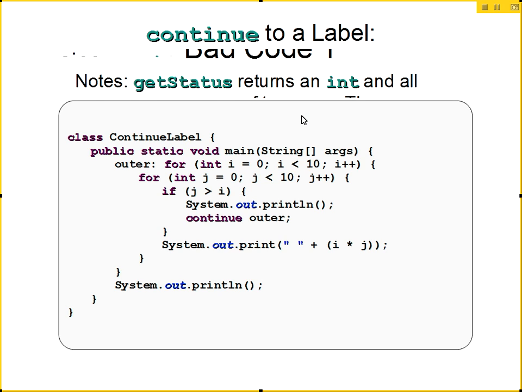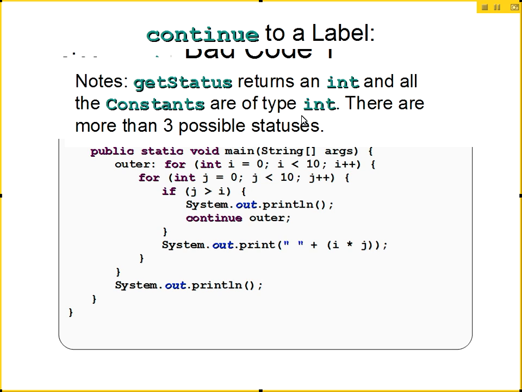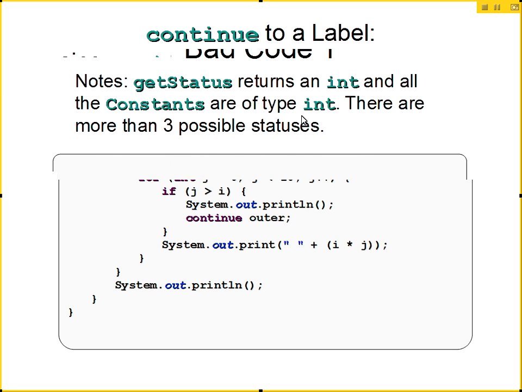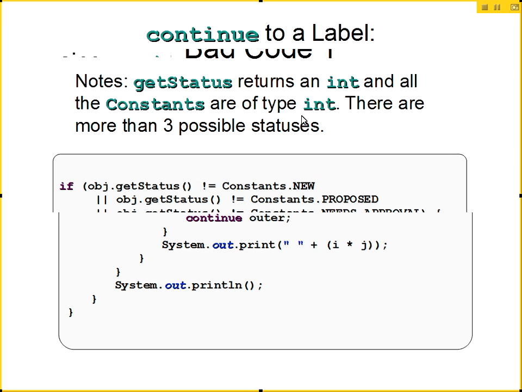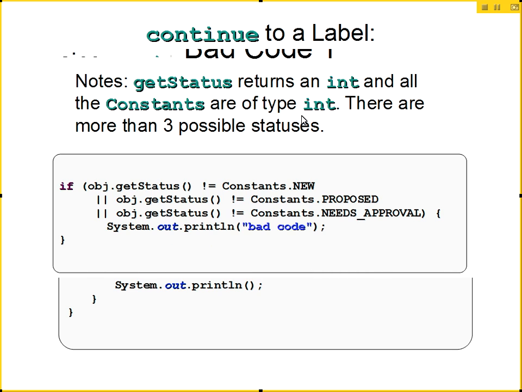This was actually pulled out of an application I was working on at my previous employer. If I've got multiple values for contents, more than 3 possible values of the get status there, the problem with this code is that it's always going to execute our print line here.